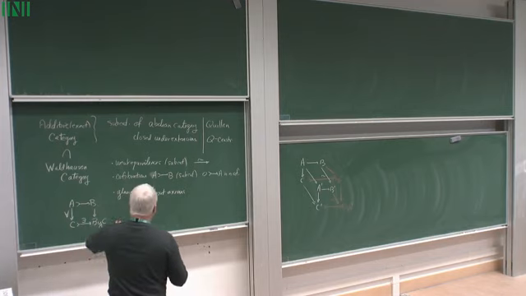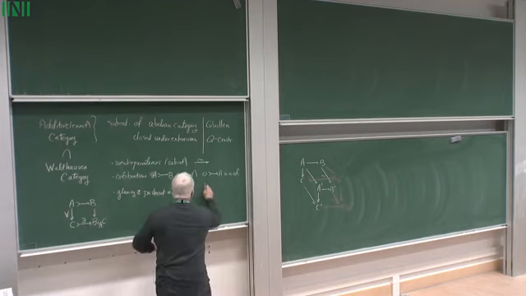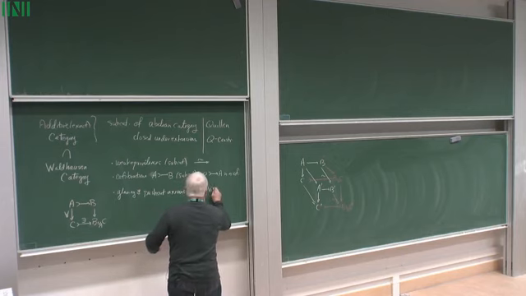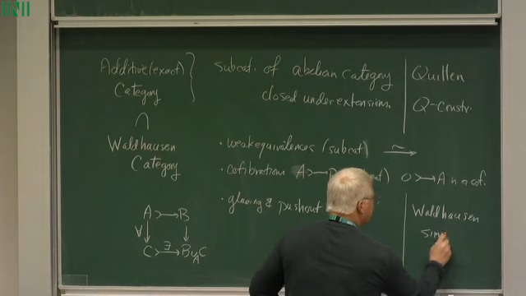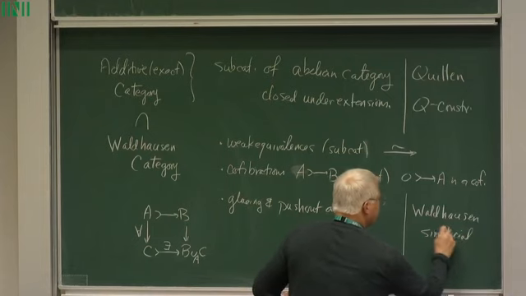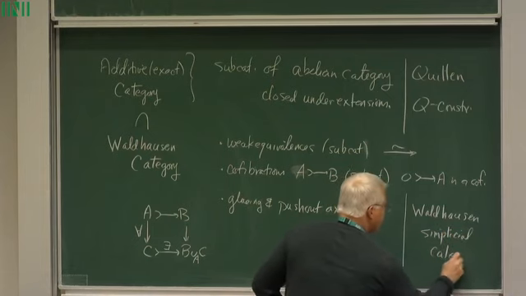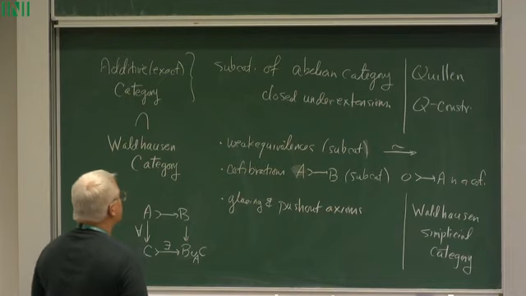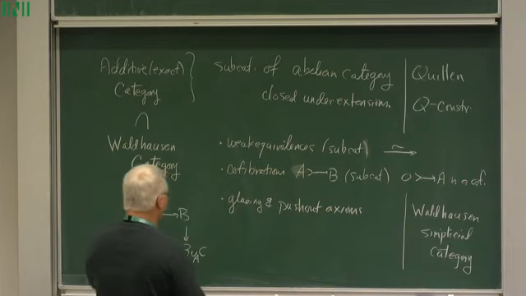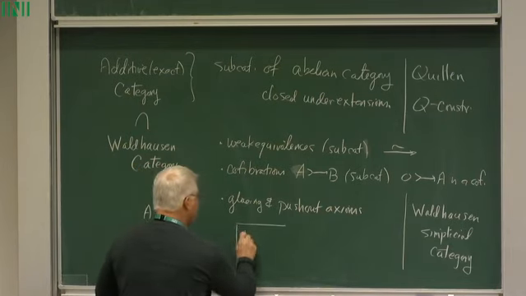Okay, so if you have a Waldhausen category, then you have a Waldhausen construction. And what you get is a simplicial category out of this. Now I should give you an example of something which is a Waldhausen category.